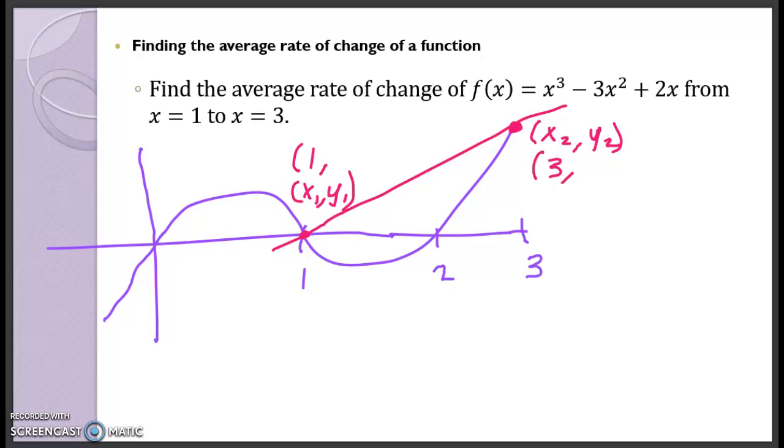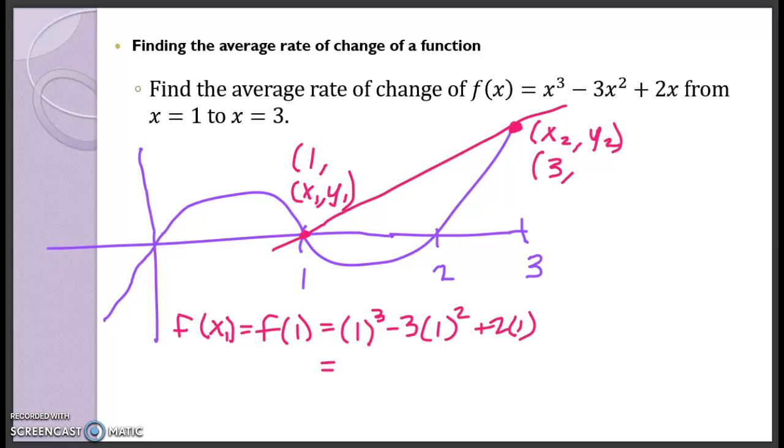So how do we find this point right here? Well, wherever I plug that x1 or that x2 into my function, I get my y value out. So f of x1 is f of 1. And then I just plug it in. So that's 1 cubed minus 3 times 1 squared plus 2 times 1.